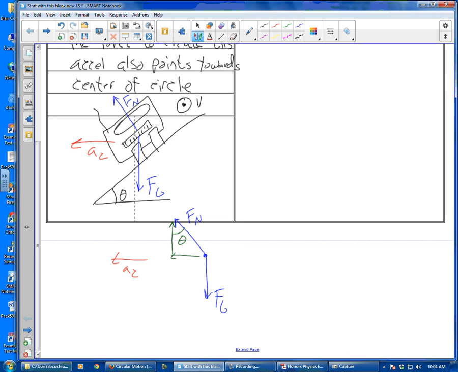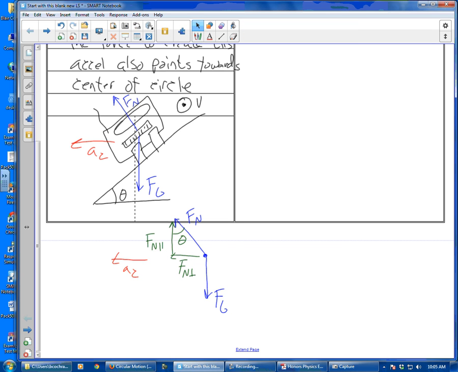That angle up there is theta. The horizontal component of the normal force is what provides the centripetal acceleration, so we'll call this force normal perpendicular, and the other side, force normal parallel, which is going to balance the gravity.